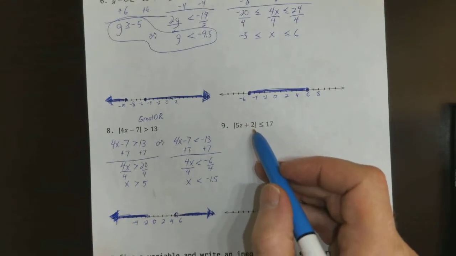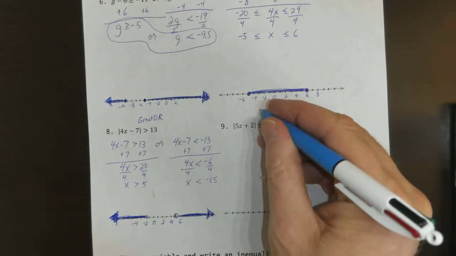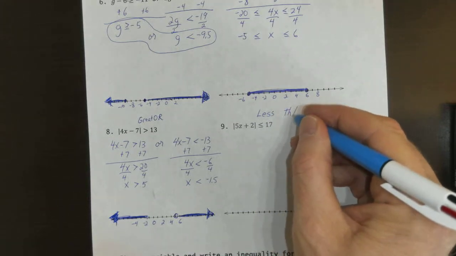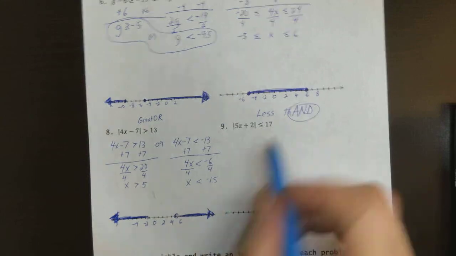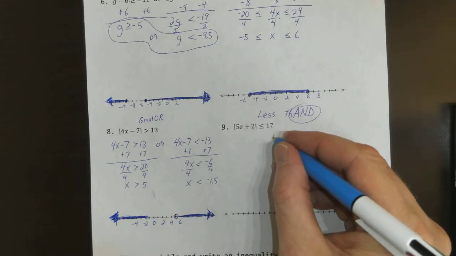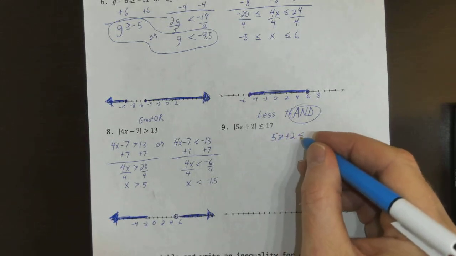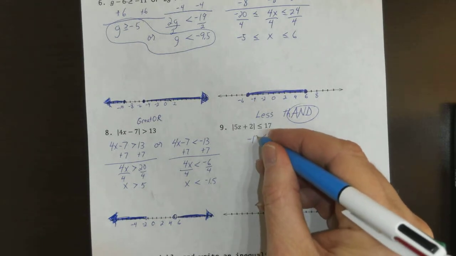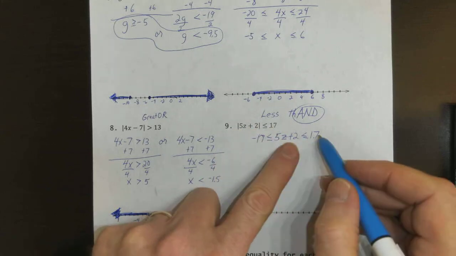Next, absolute value of 5z plus 2 is less than or equal to 17. Remember this? Less than. Alright, I like to do this with the ands. Put it between negative 17 and 17. Just leave this the same.